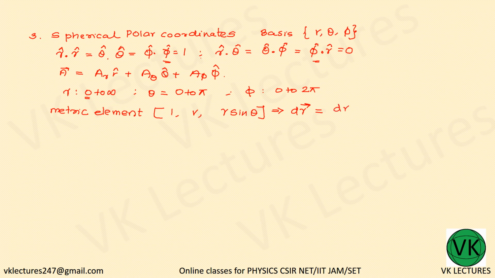The metric element corresponding to r is 1, into a small change dr, into r cap, the unit vector, plus the metric element corresponding to theta, which is r, so r d theta in the direction of theta cap, plus the metric element corresponding to phi, which is r sine theta, into d phi, into phi cap.